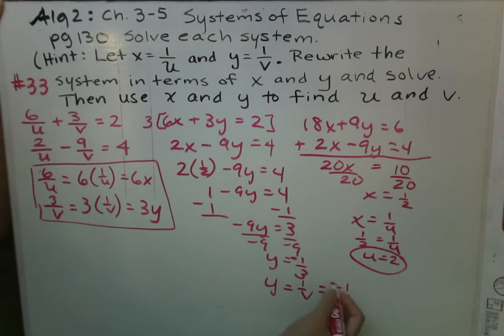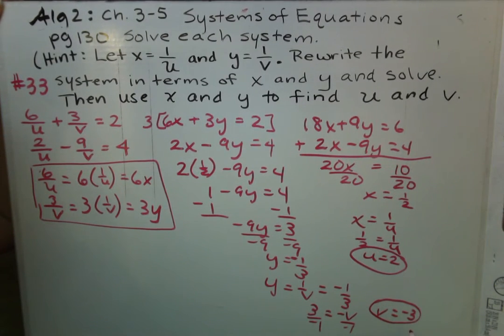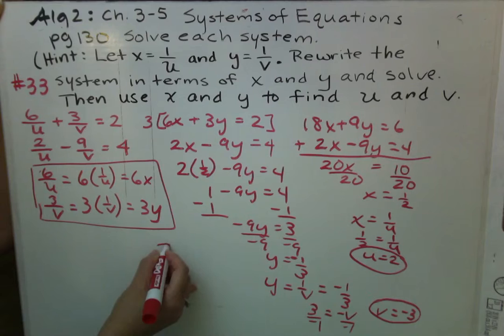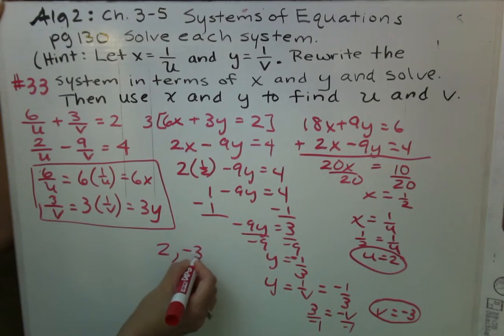We can cross multiply: 3 equals negative v. Divide both sides by negative 1, and we get v equals negative 3. Now when you write the answer, you have to decide: do you write 2, -3 or -3, 2? Well, in the alphabet, u comes before v, so your final answer is 2, -3.